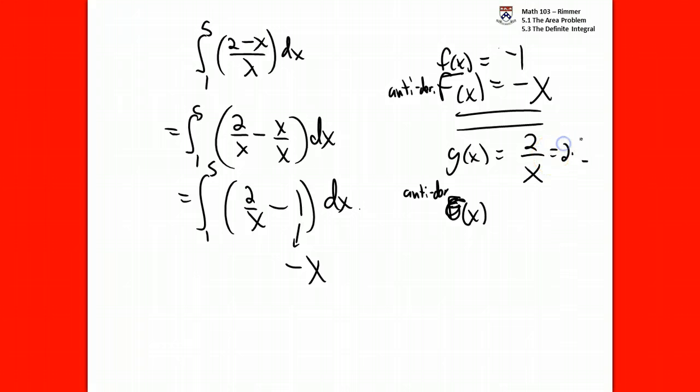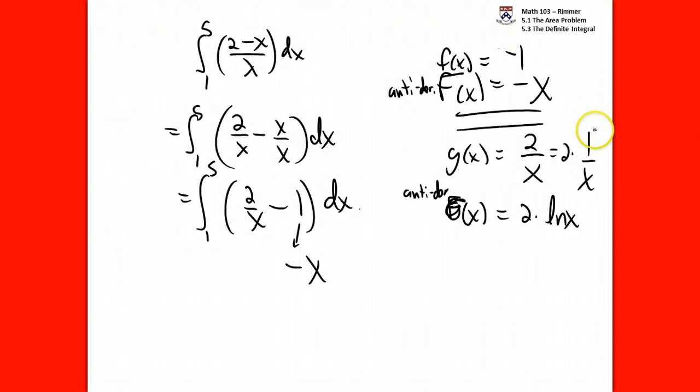This is 2 times 1 over x. The power rule in reverse does not work when the exponent is a negative 1. Where have you ever seen 1 over x before? As a derivative of the natural log of x. The 2 just gets carried along. So the antiderivative of this is 2 times the natural log of x.